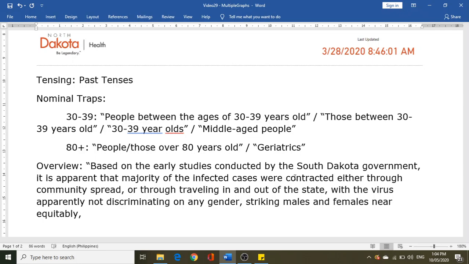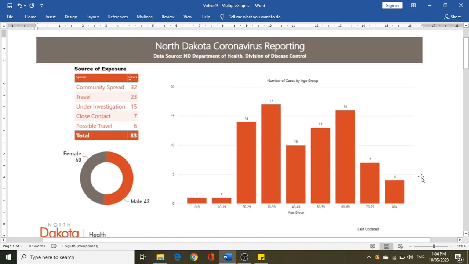And like if you look at the age brackets, it's more or less really evenly spread over the Middle Ages, right?